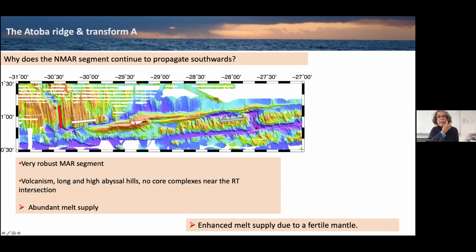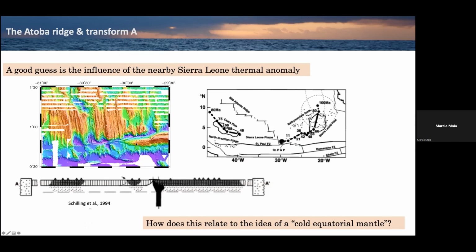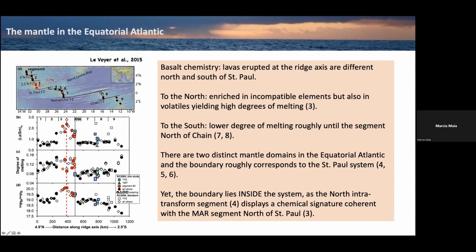And we believe that this could be linked to the presence of a thermo-mechanical anomaly in the north, which is probably related to the Sierra Leone plume. And this is something that we see in the chemical composition of the rocks.